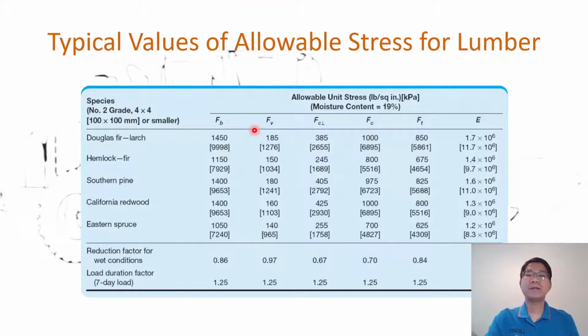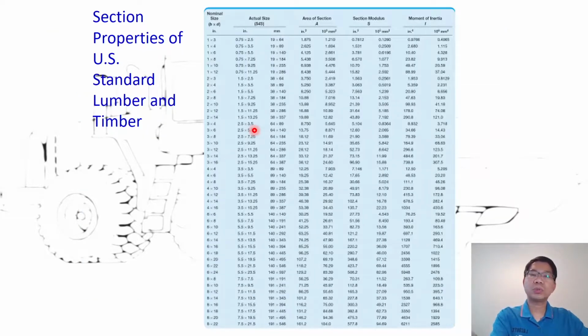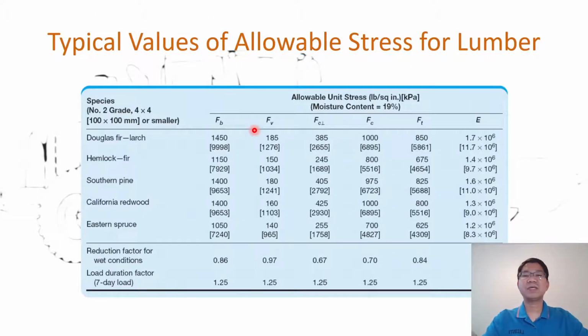The last one: sometimes the problem doesn't give us the FB, FV. What are FB and FV? We will discuss that in the reference in a minute. So FB, allowable stress for bending. FV, allowable stress for shear.